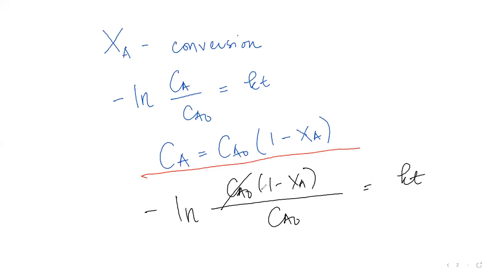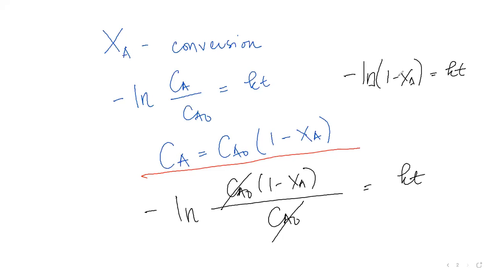So you notice we can now cancel the initial concentrations. And the formula that you have is negative ln of 1 minus Xa equal to Kt. Now, that's the one that you saw in the slide. So, negative ln of 1 minus Xa is equal to Kt.